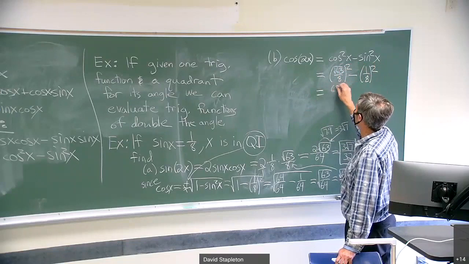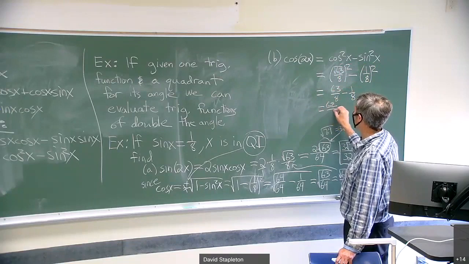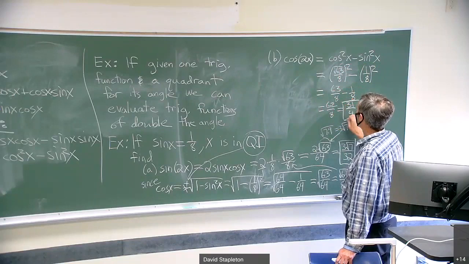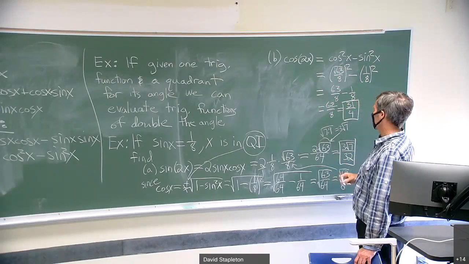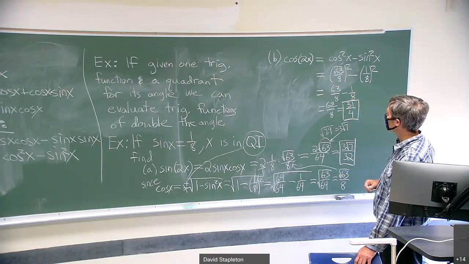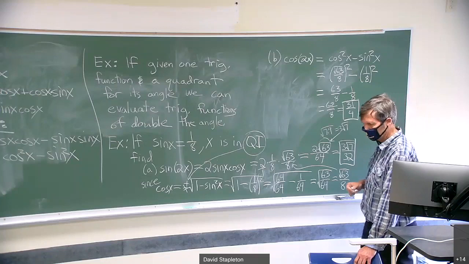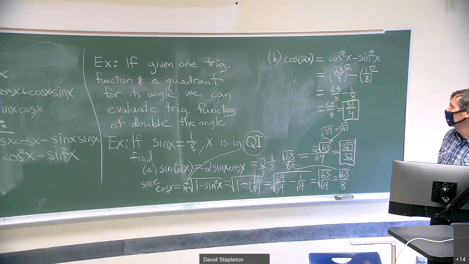Evidently, I've got 63/64 minus 1/64. This will be 62 over 64, and I've reduced that to 31/32. There exactly is the cosine of 2x. And then you can find tangent 2x similarly. I'm going to do that next. Okay.